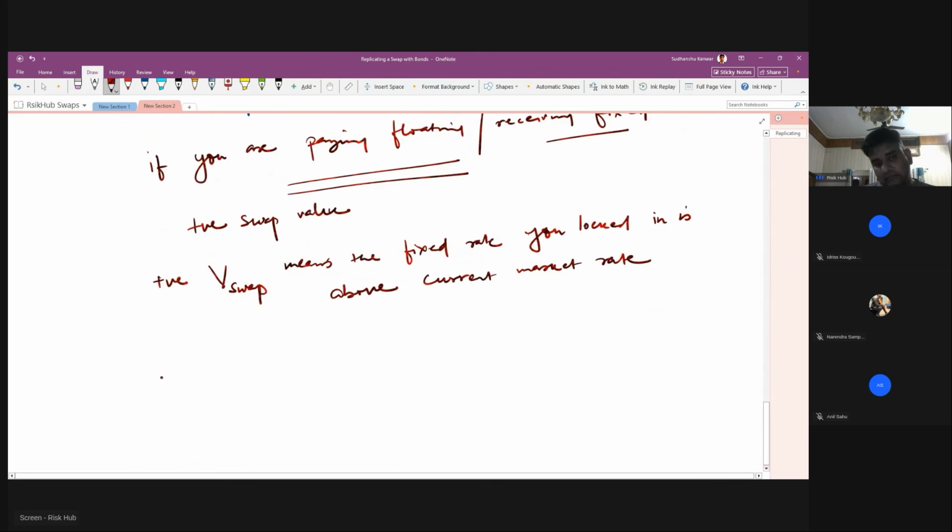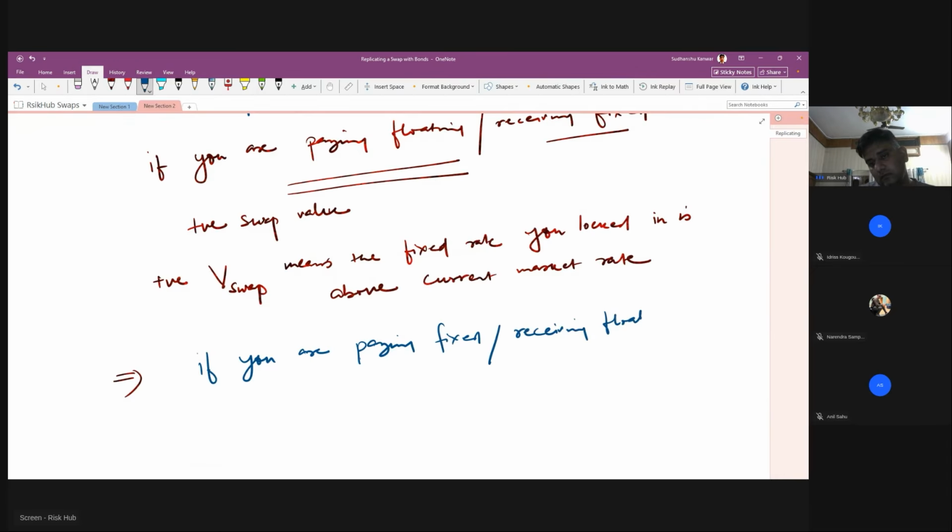Oppositely, in case you are paying fixed and receiving floating, you are a fixed payer receiving floating. In that case, if you have a negative swap value, meaning V swap is negative, it means that B float minus B fix is less than 0.